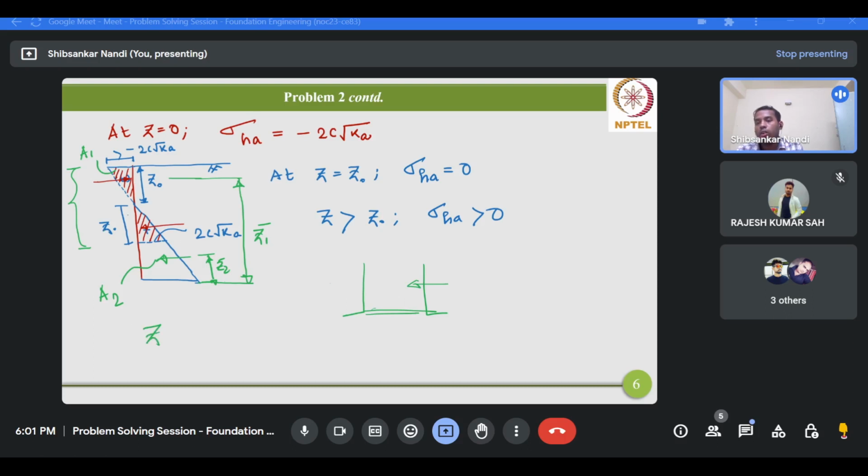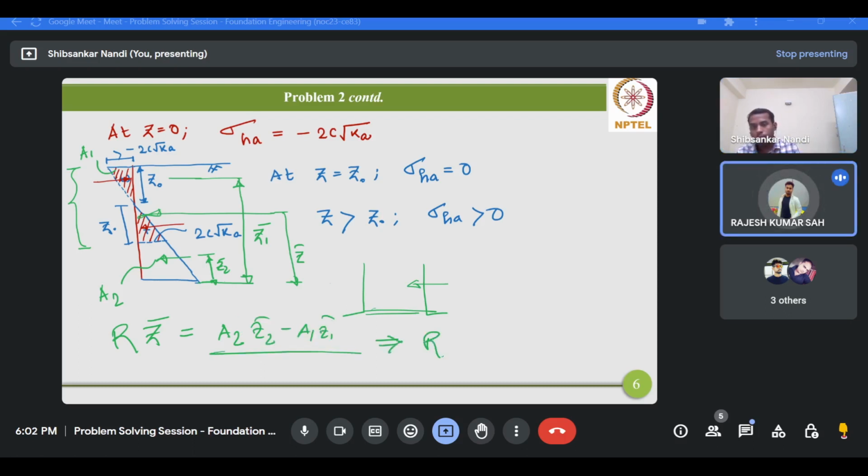The resultant of this entire distribution, suppose it is acting at a height of Z bar. So resultant multiplied by Z bar will be A2 Z2 bar minus A1 Z1 bar.